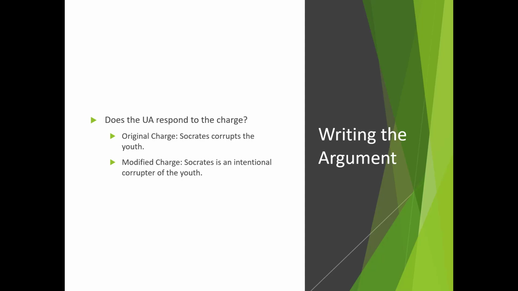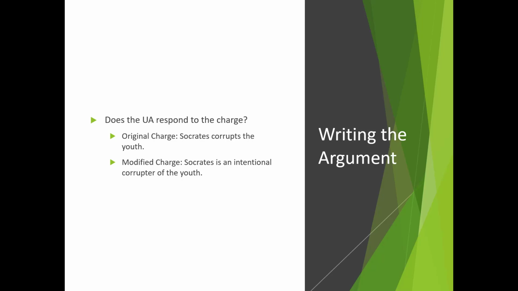It could be an unintentional one. So even if the argument works perfectly, it does not refute the original charge. So that part's easy. The easiest thing to do is say no. The conclusion of that argument is either he's not a corrupter, or an unintentional one, but it still leaves a possibility of being a corrupter, albeit unintentional.